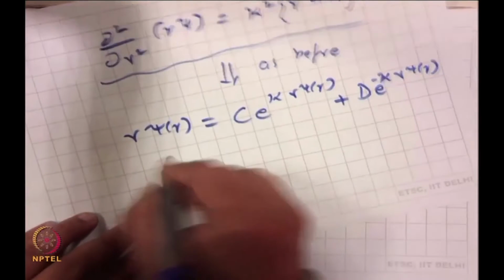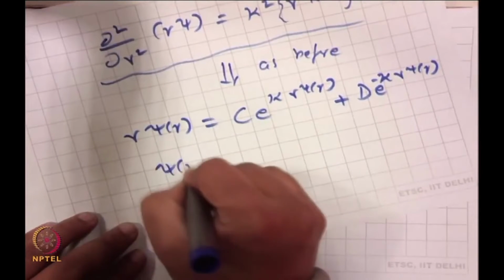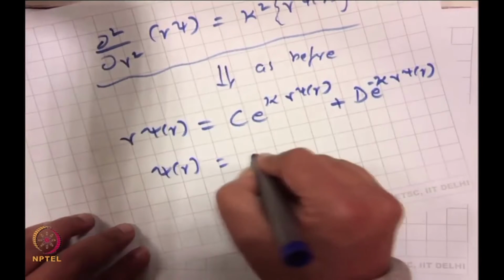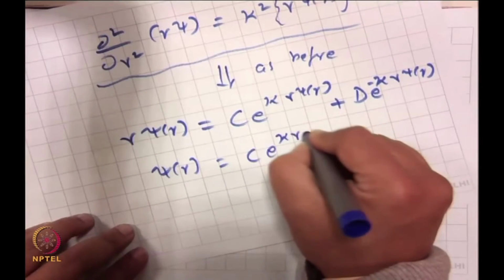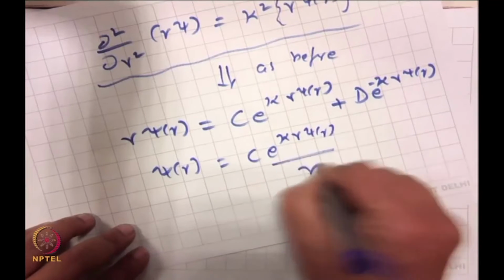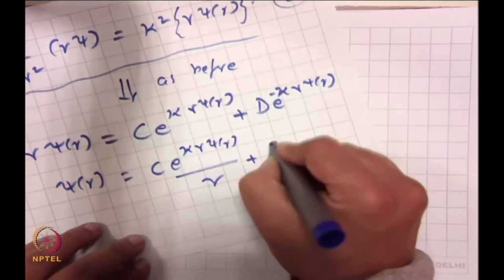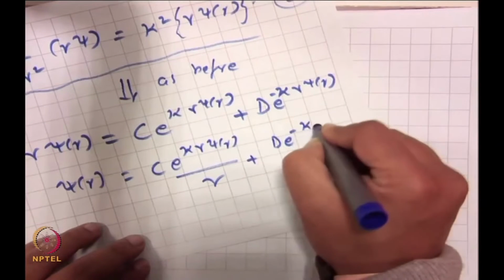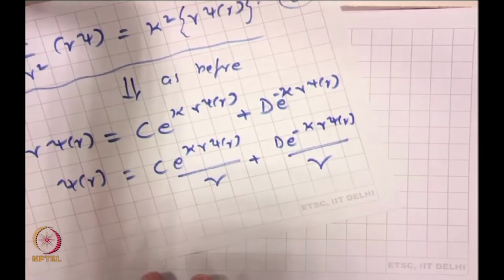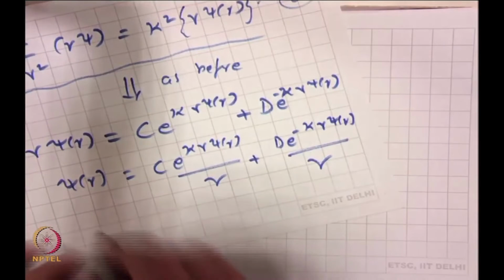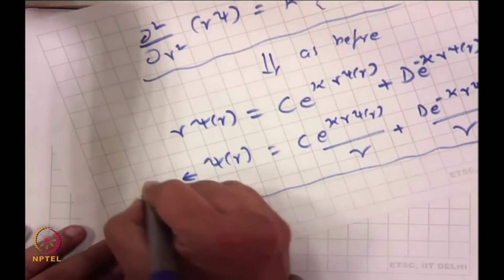Now, if I write this, psi of r then is equal to what? C e to the power kappa r over r plus D e to the minus kappa r over r. So, this is my most general solution. This should be equation 7.